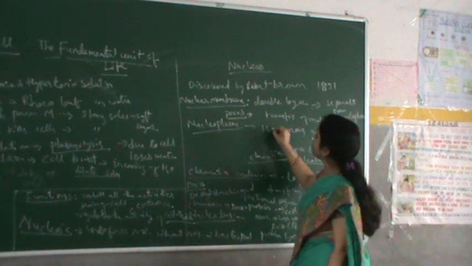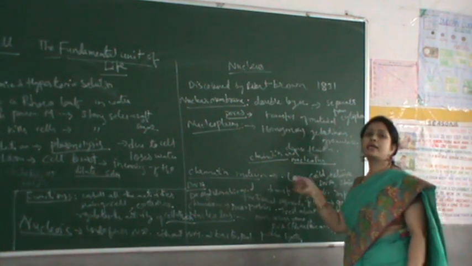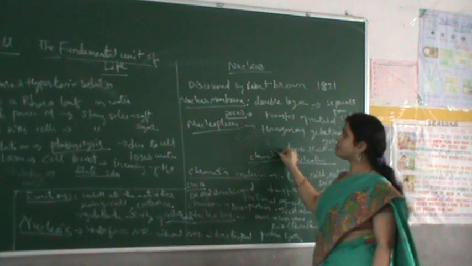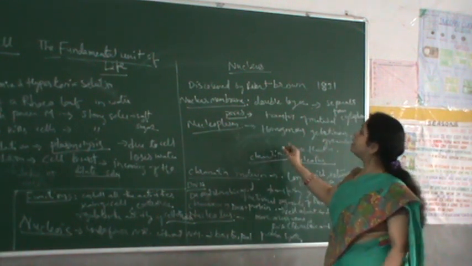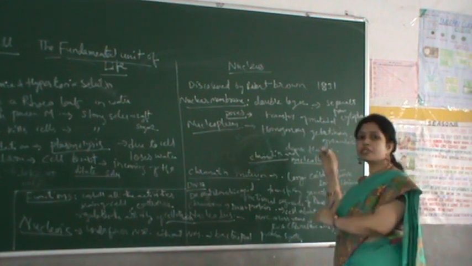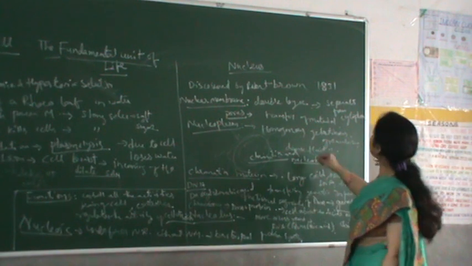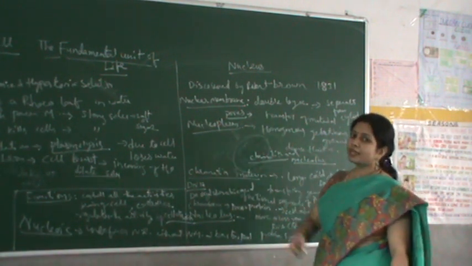These pores help in transferring nutrients, or sometimes the granules present as RNAs can transfer the RNAs to the cytoplasm. The nuclear membrane also separates the nucleoplasm from the cytoplasm, and these pores help in the transfer of materials from inside to outside or from the cytoplasm to the inside.